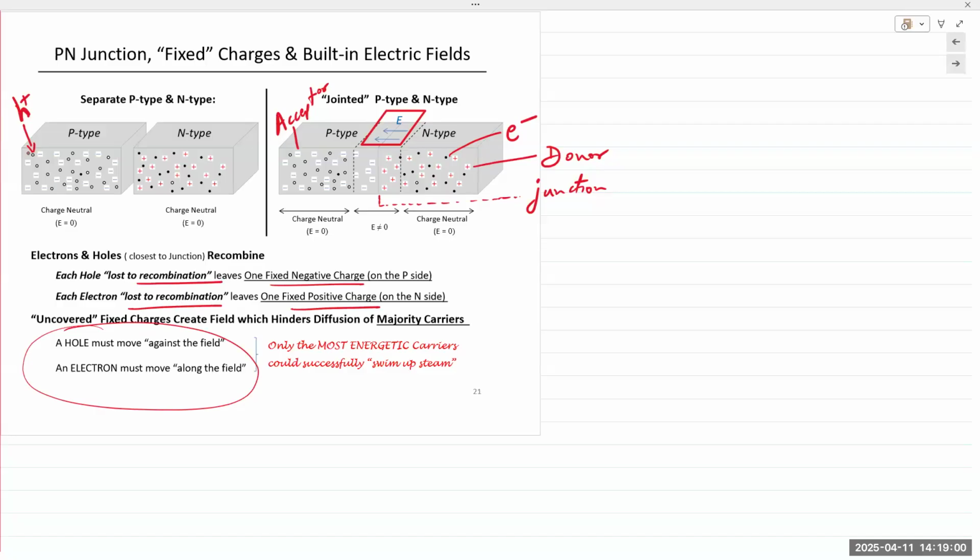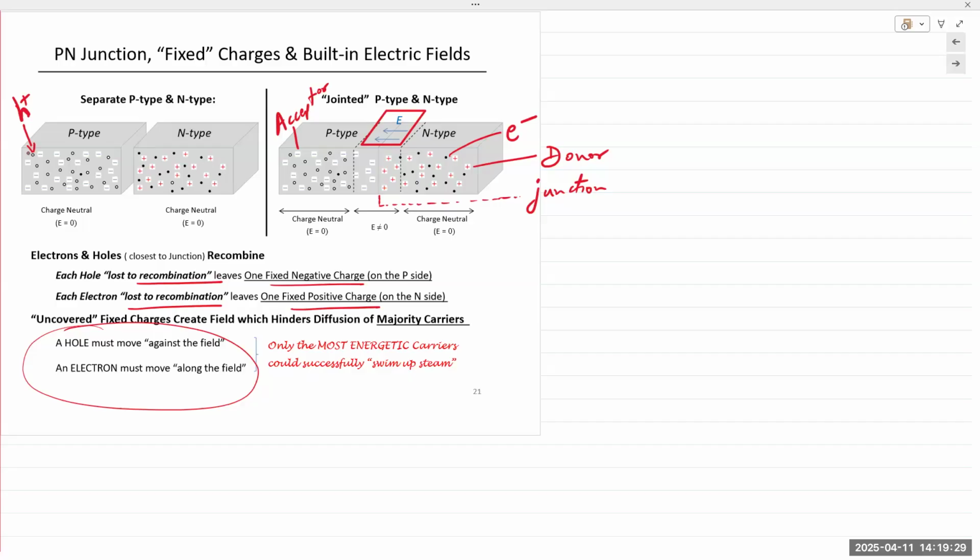Why? Because holes would like to move with the field, and electrons would like to move against the field. Electrons have negative charge, holes have positive charge. So holes like to move with the field, electrons like to move against the field. But in this case, the electric field is in opposition to the majority carriers on either side.